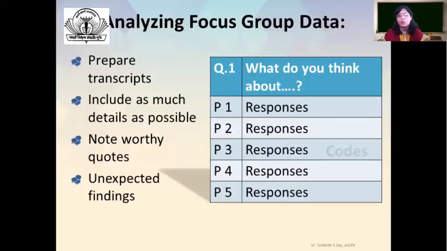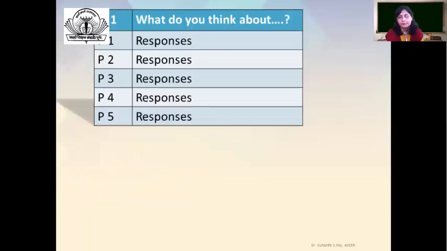And this is known as codes. So these are the codes that you have done. You have done a summary of their responses, but you need to be very careful when you're doing the summary of these responses, because you need to include all the important aspects. So this is known as codes, or it is also called coding.